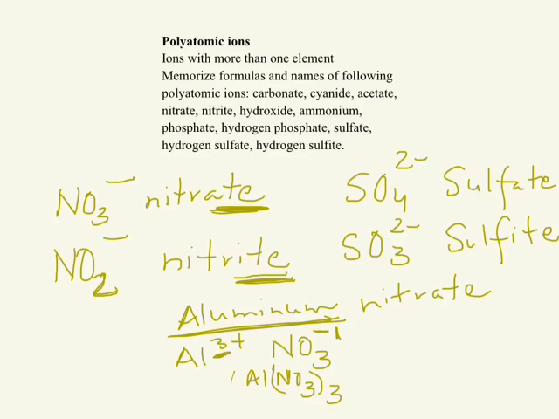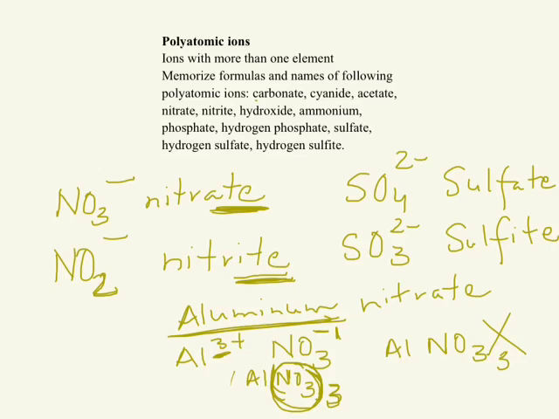It is very important to put parentheses here, because we are saying that we need 3 of these nitrates to have an overall charge of 0. If you do not put parentheses, writing it like that really does not have any meaning.